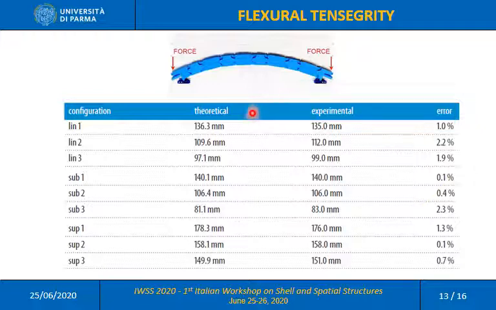And in this case, for the values of the forces that we have indicated in the slides before, we obtain errors which are again of the order of 1-2%, despite the very strong simplified hypothesis.